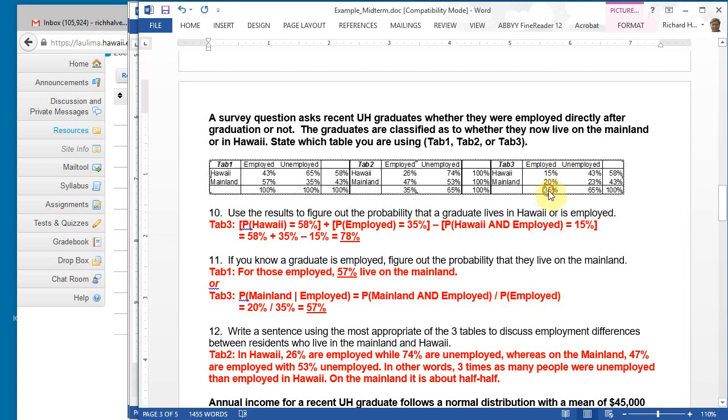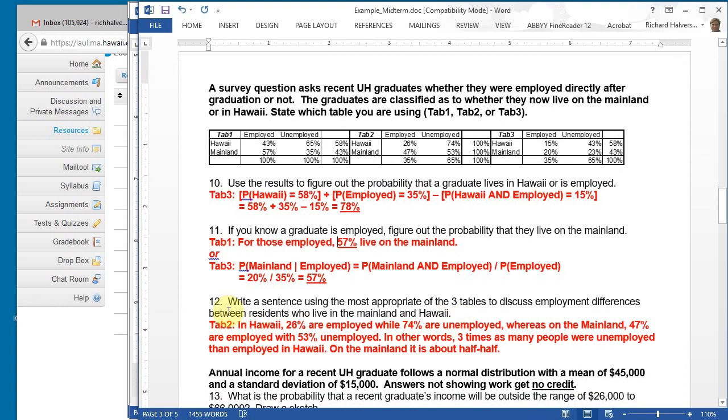The probability that they're employed is 35%. So mainland given they're employed is 20%, and just employed is 35%. So 20% divided by 35% gives you the same answer, 57%.